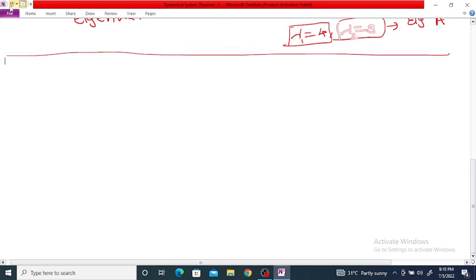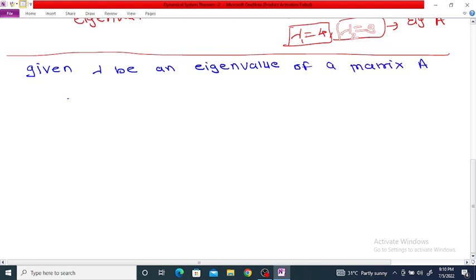Given: lambda is an eigenvalue of a matrix A with eigenvector x.